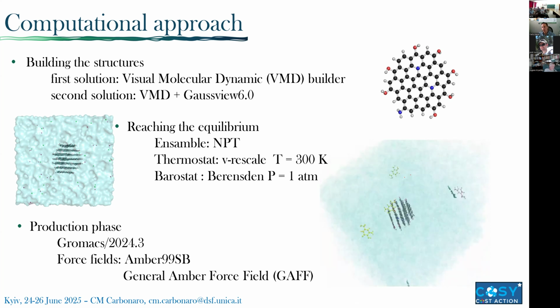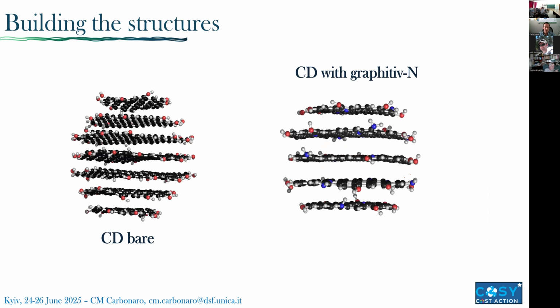So the idea is to look at the molecular dynamics simulation in order to have an idea if our molecules get trapped by the carbon nanostructure, how this trapping is made, I mean from the bonding of the molecules to the structure, and how long it lasts. So we constructed different carbon nanostructures with or without nitrogen.